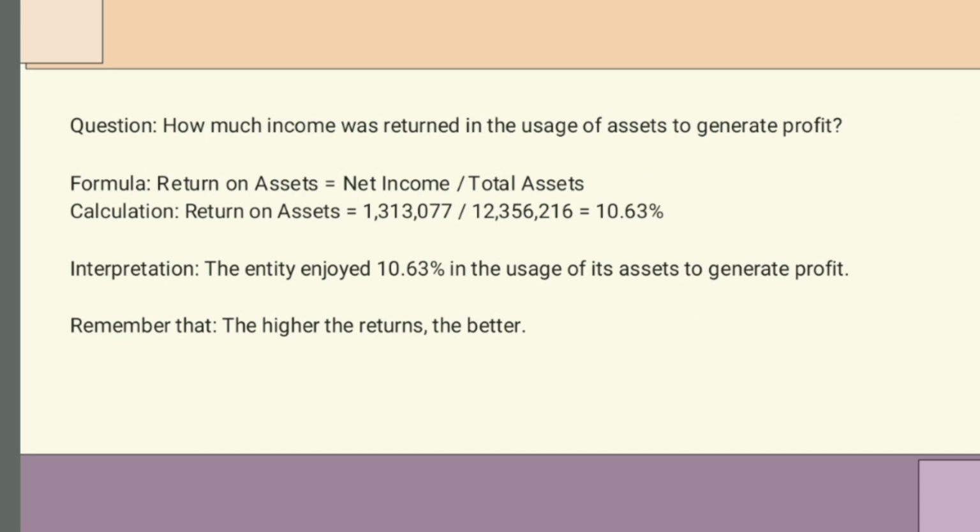So, let's proceed now to return on assets. When you earn income, how much was returned from the usage of your assets? So, you just simply divide your net income by your total assets, which is your net income of 1,313,077 over your total assets of 12,356,216 is equal to 10.63% returned on our assets. Of course, we use assets to earn, and that 10% return is what the company enjoys in the usage of their assets.